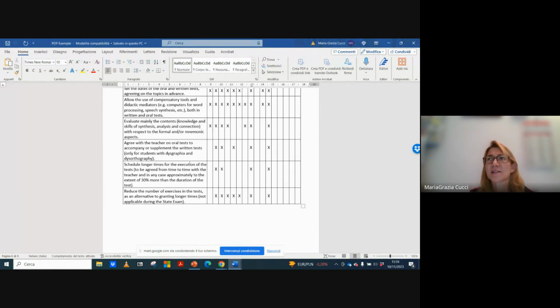So if we have a test of half an hour, add a quarter of an hour, as an opportunity to have the time to read, to write, to reflect, to do the reasoning part of the task, starting from the maps.